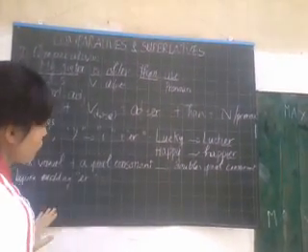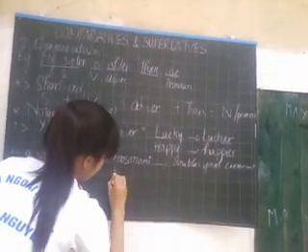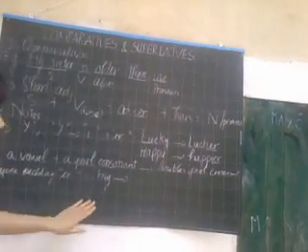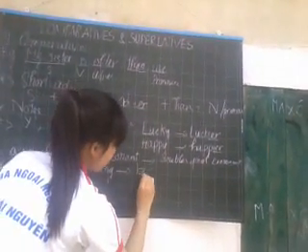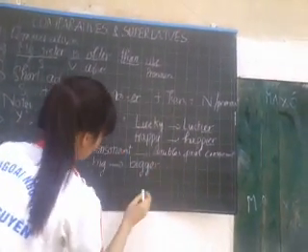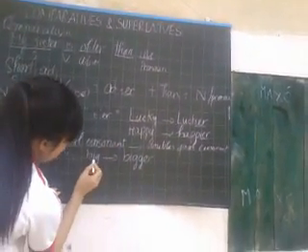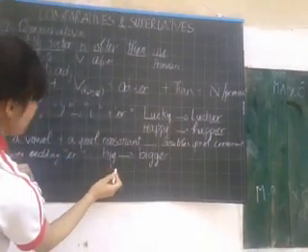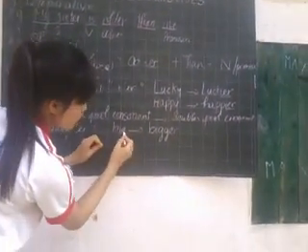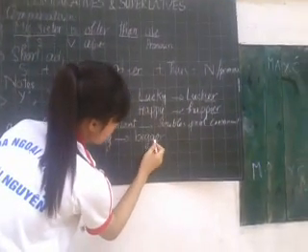For example, we have the adjective big. We change to bigger. Big: i is a vowel and g is a final consonant. So in this case, we will double the final consonant.